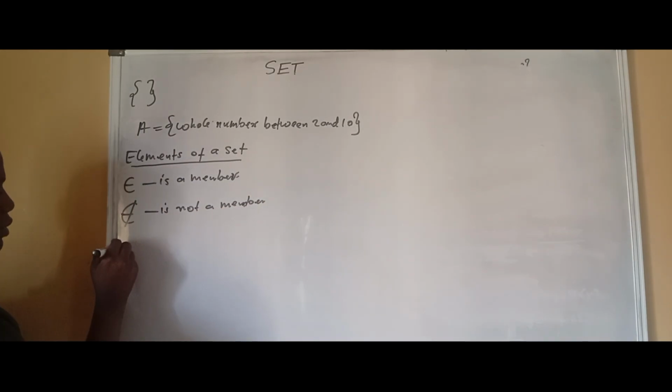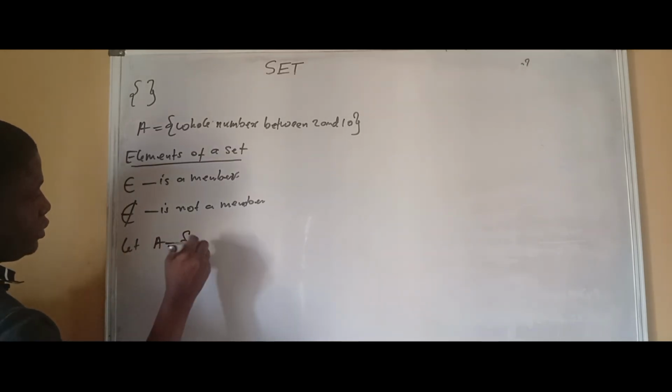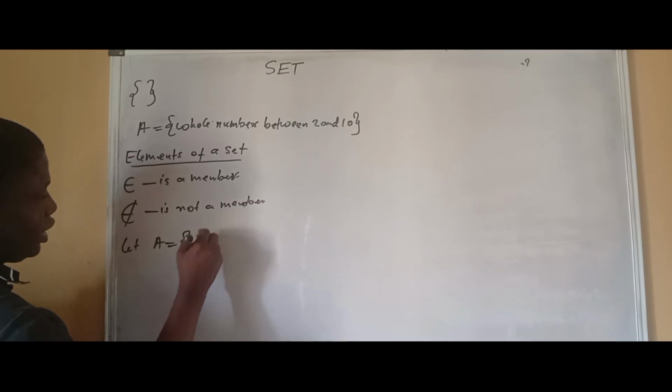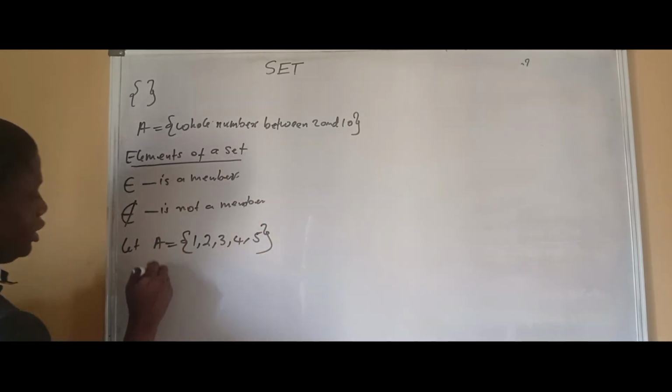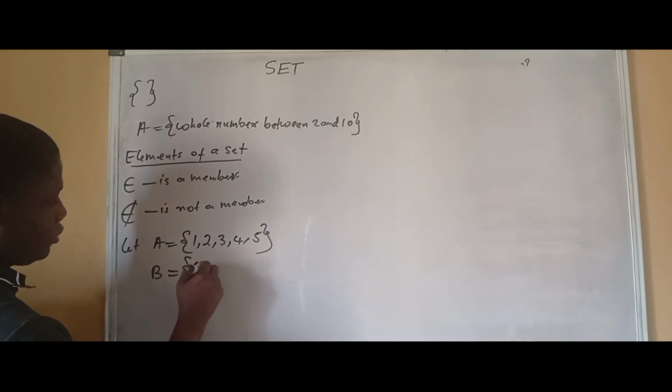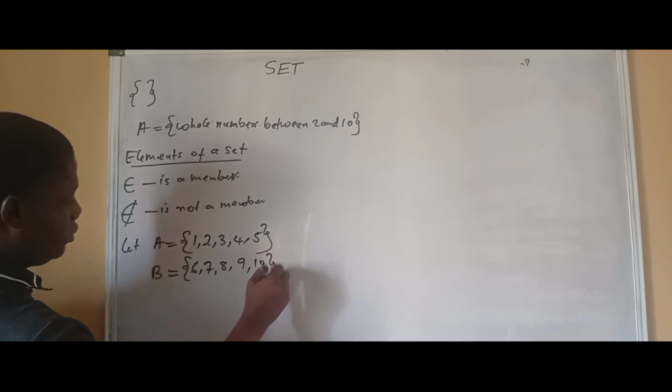For instance, let A be a set of numbers from 1 to 5. So we have 1, 2, 3, 4, 5. And let B be a set of numbers from 6 to 10. So we have 6, 7, 8, 9, 10.